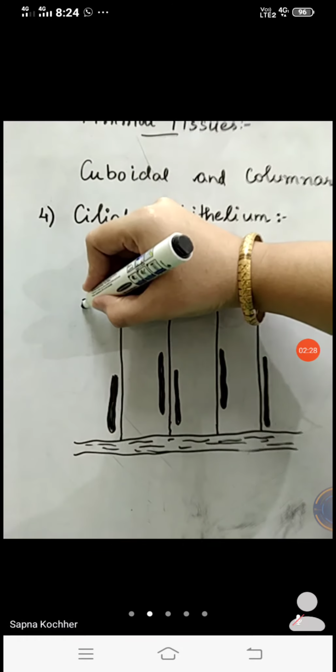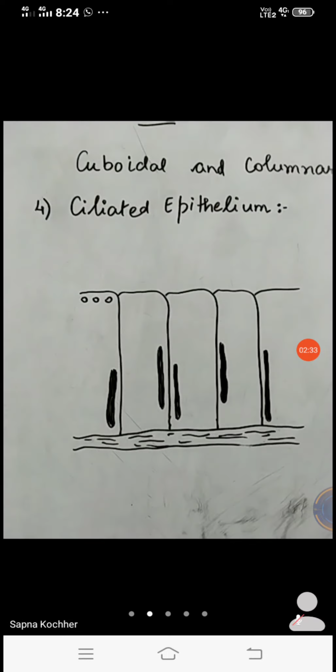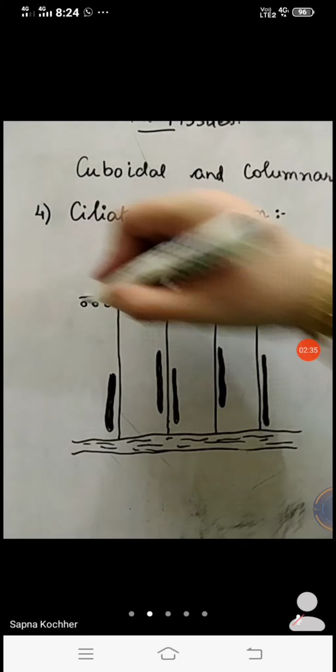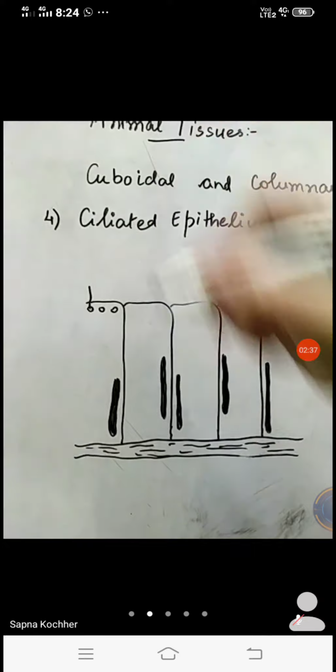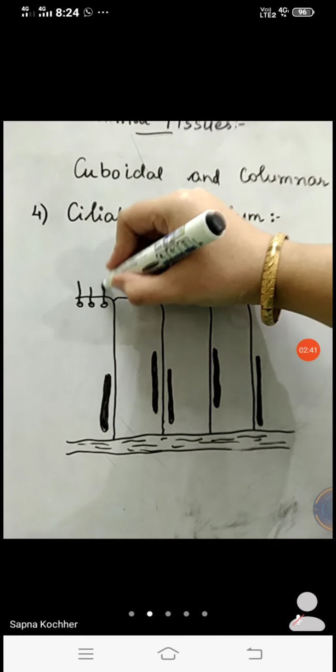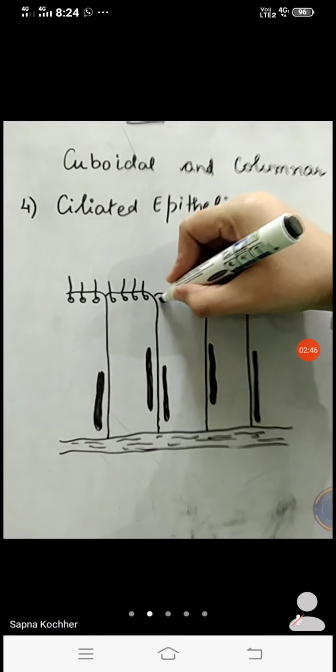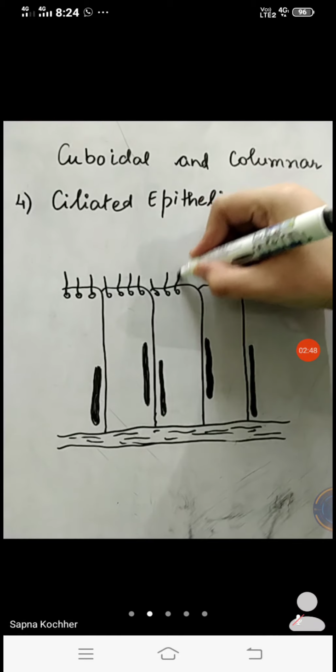So being ciliated, there will be presence of the basal granules that are arranged just near the surface, and from these granules arise the hairy small projections called cilia. So like this, from the surface, there will be an arrangement of the cilia that will be covering the top layer completely.